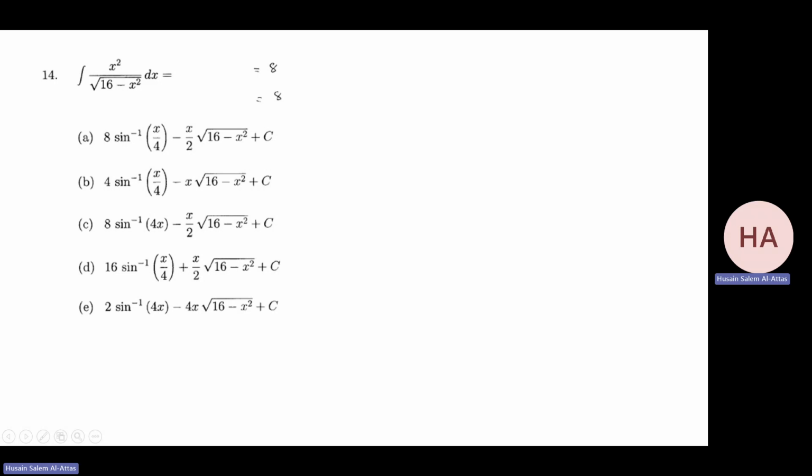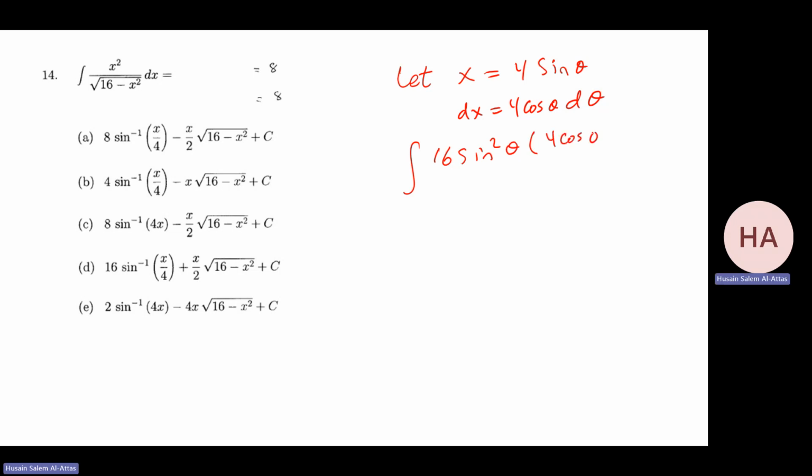Okay. So what I have, I let x equal 4 sine theta. dx will be 4 cosine theta d theta. Okay, so plug the numbers. That will be the integral of 16 sine squared theta, dx is 4 cosine theta d theta, and the 4 cosine theta cancelled.